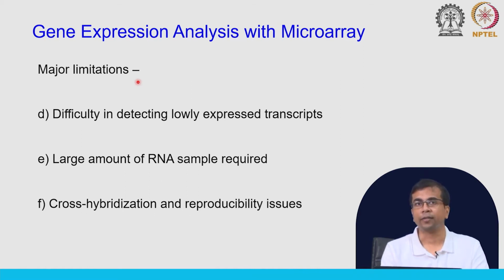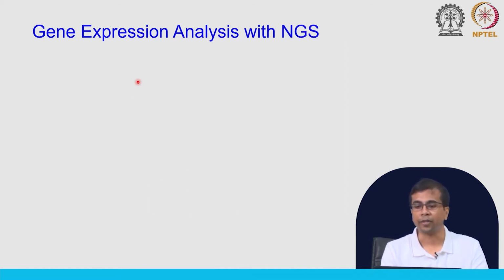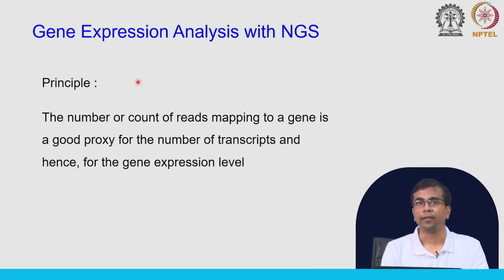So, that is where gene expression analysis with NGS comes in. The principle is very simple when you are analyzing with NGS: the count of reads that map to a gene is a proxy for the number of transcripts and hence for the gene expression level.